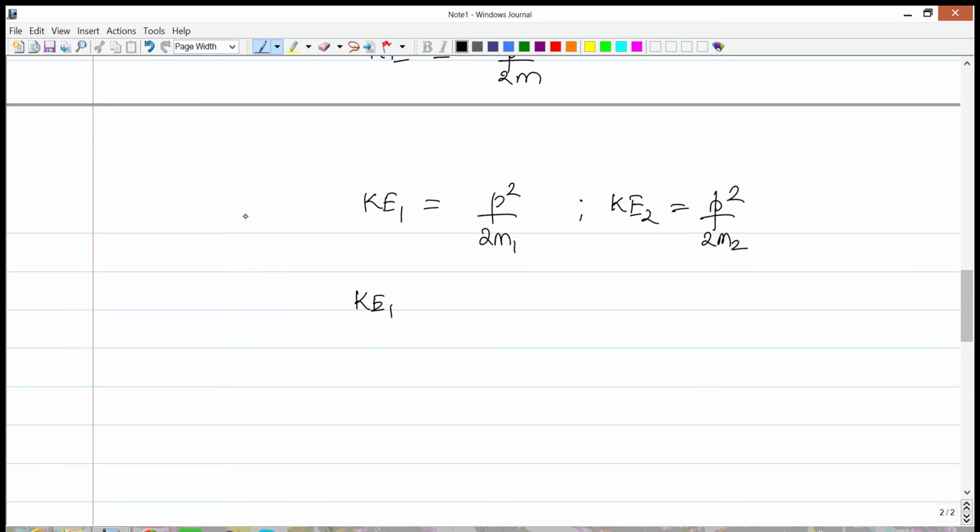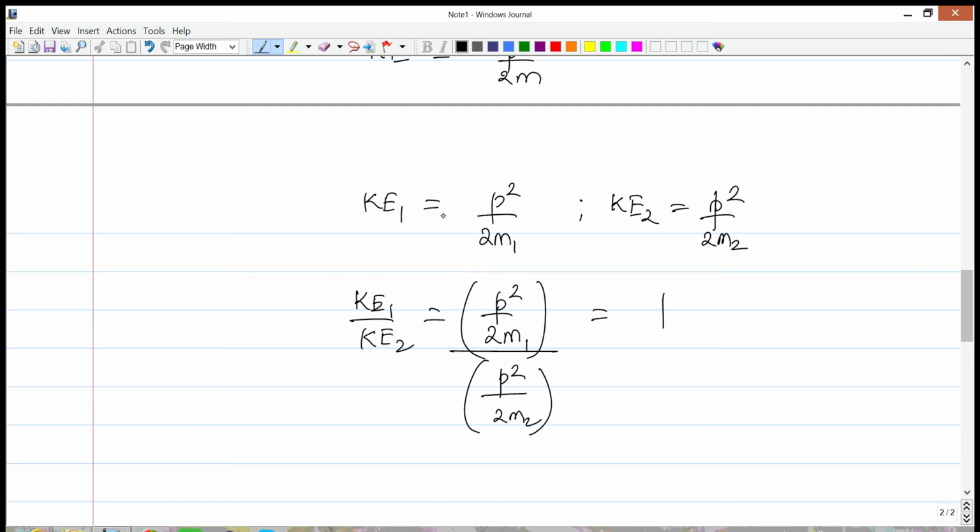KE1 over KE2 is equal to p squared over 2m1 divided by p squared over 2m2, and I can rewrite this as p squared over 2m1 multiplied by 2m2 over p squared. And you see the p's cancel out, and what we end up getting is that the ratio is m2 over m1. And if you look at the previous example, that's exactly what we got.